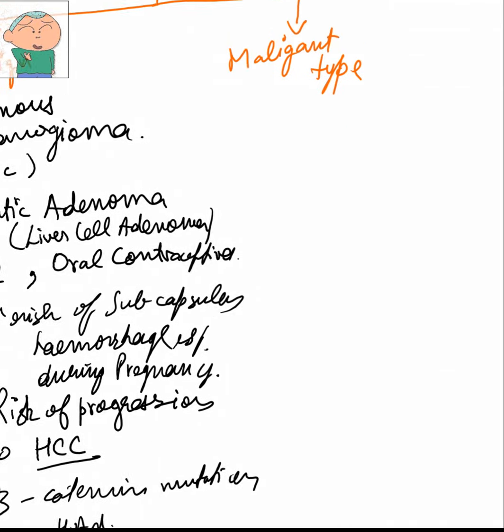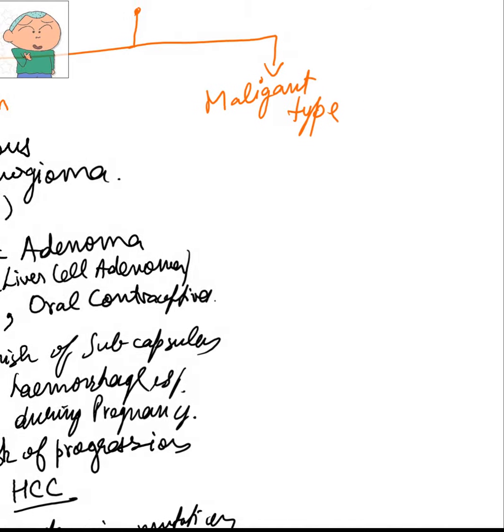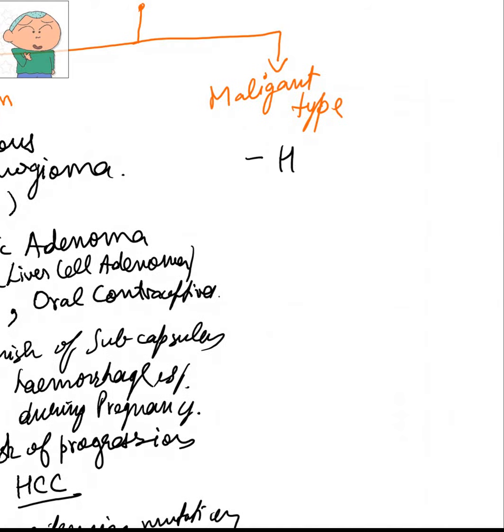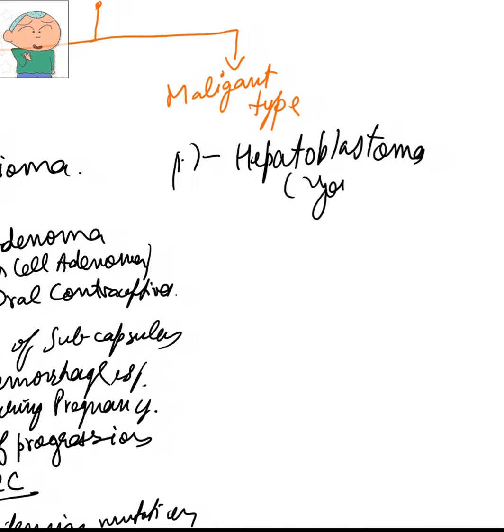Okay, now talking about the malignant type. In malignant type, the first most common liver tumor which we see in the pediatric age group is the hepatoblastoma. This is the most common liver tumor in young children.